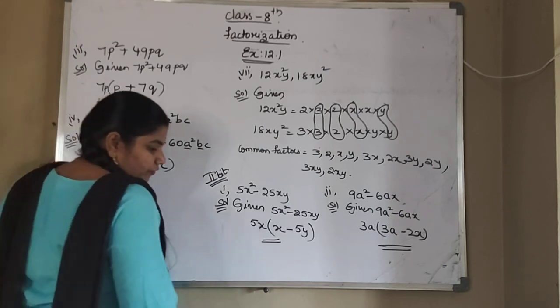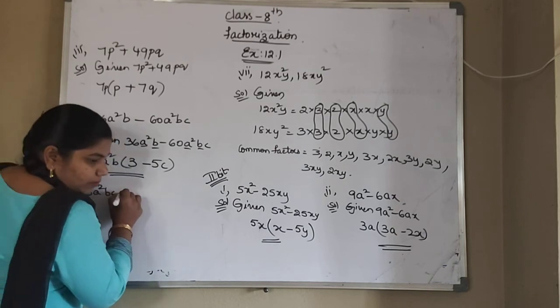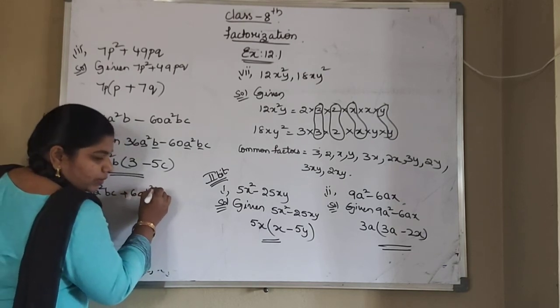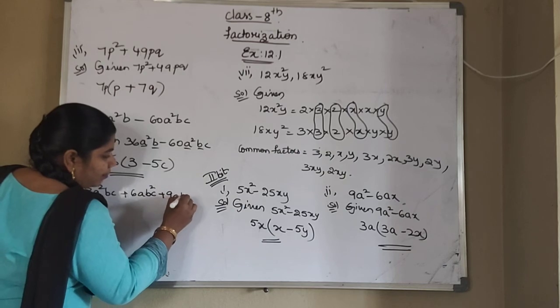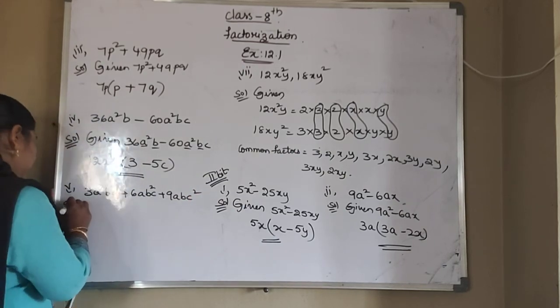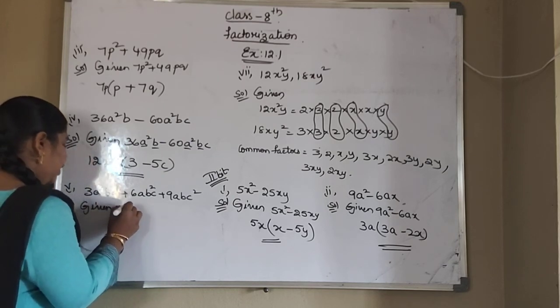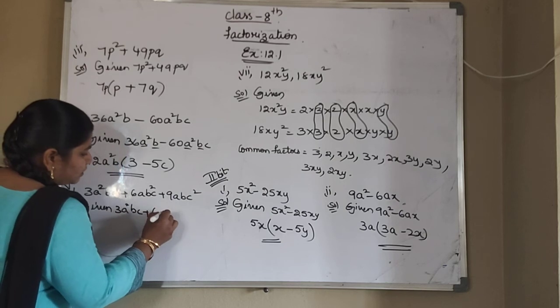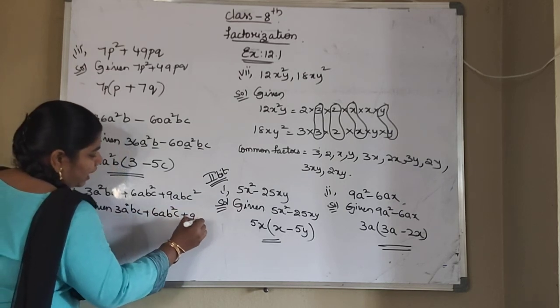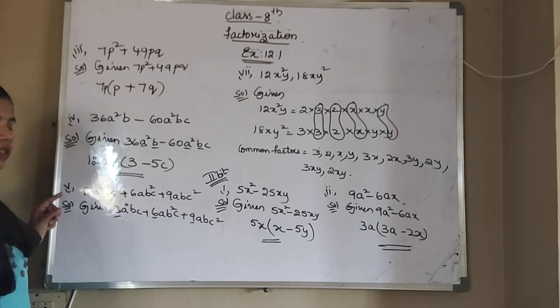So next, fifth one, 3a square bc plus 6ab square c plus 9abc square. Okay, so we have to find the factors for this. So 3, 6 and 9 will go in 3 table.